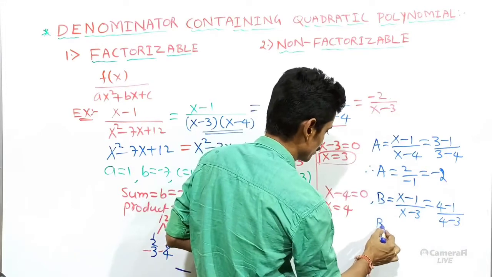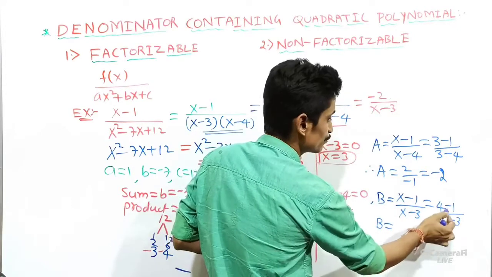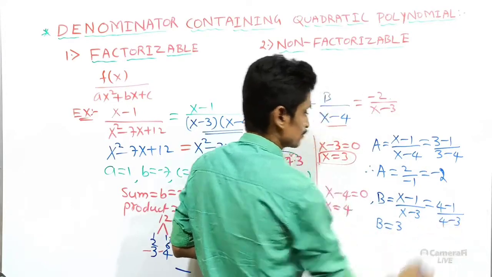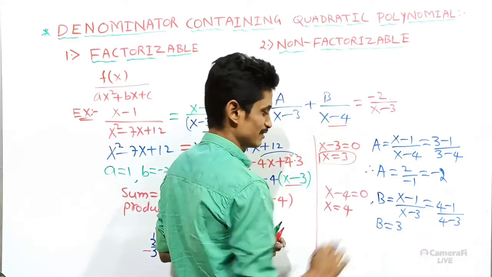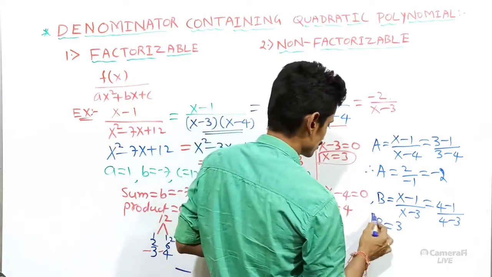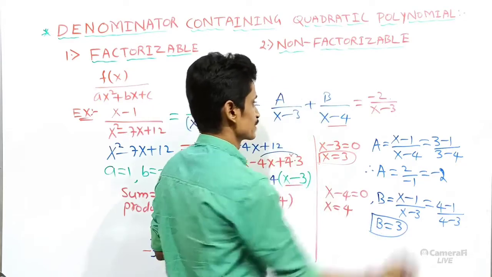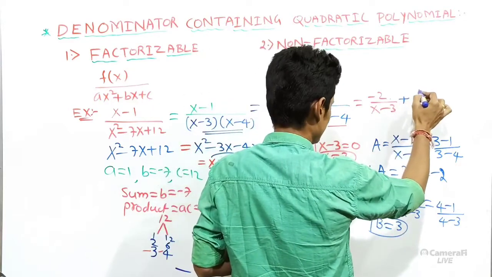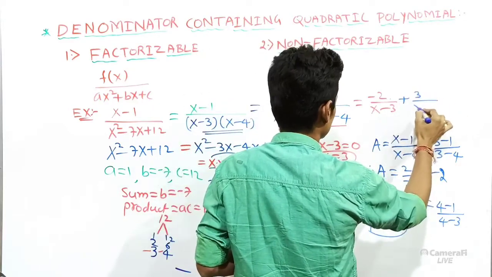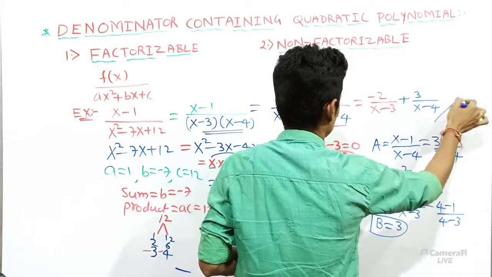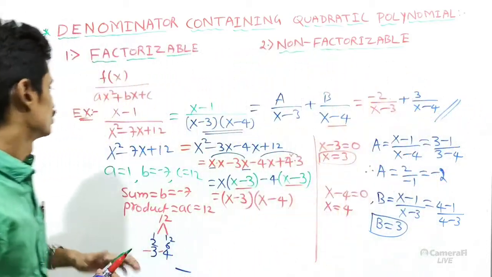Hence b is equal to 3 divided by 1, which is 3. Therefore, the b term becomes 3 divided by x minus 4. This is my required result.